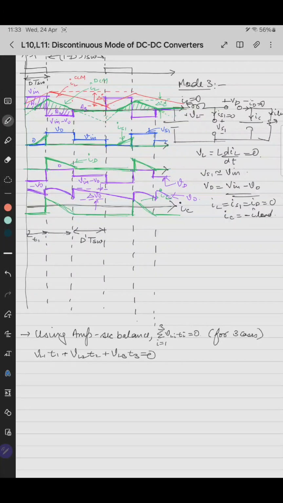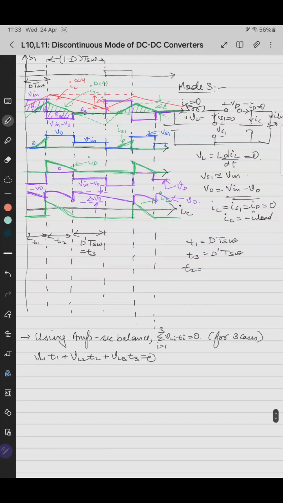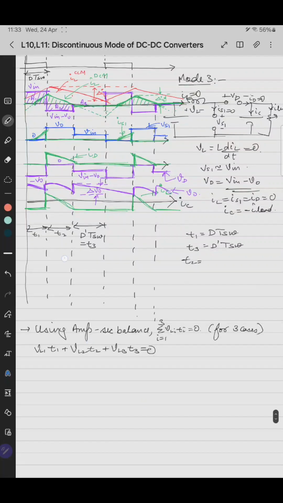This is T1, this is T2, and this is T3, where T1 is D into T switching, T3 is D dash into T switching, and T2 is what? This whole is 1 minus D into T switching. So T2 is this minus this. T2 is 1 minus D into T switching minus T3, or minus D dash of T switching, which becomes 1 minus D minus D dash of T switching.